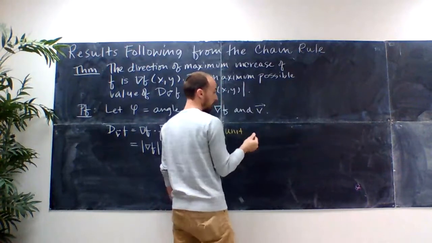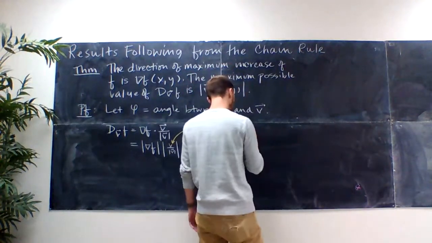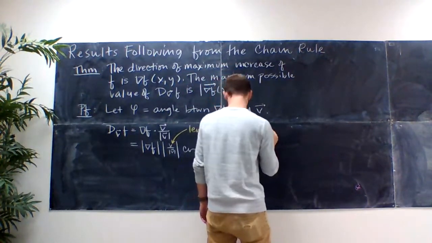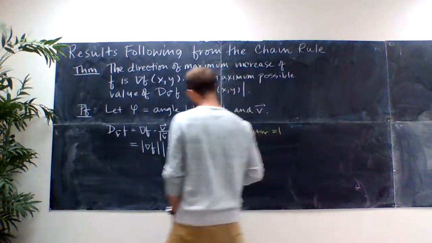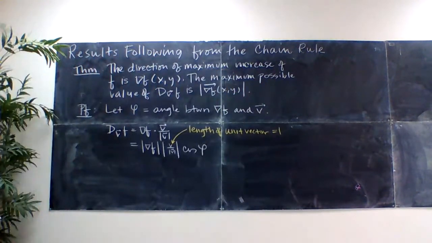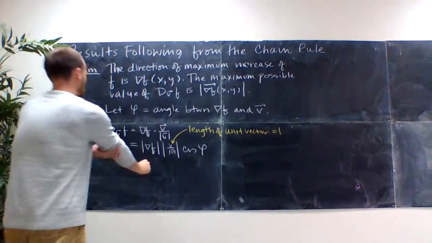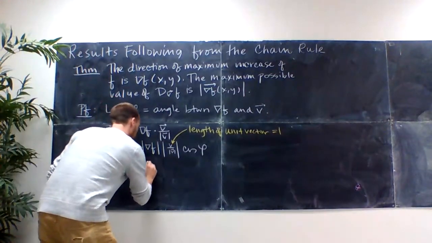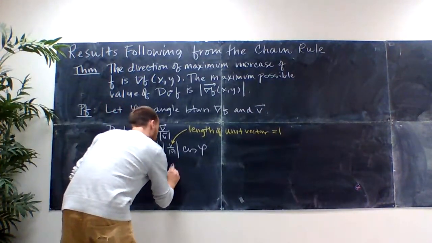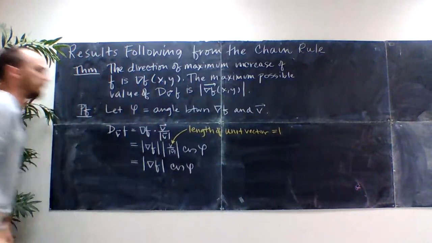What makes it a unit vector is that its length is 1. So I can rewrite this as the length of the gradient multiplied by the cosine of the angle between them.